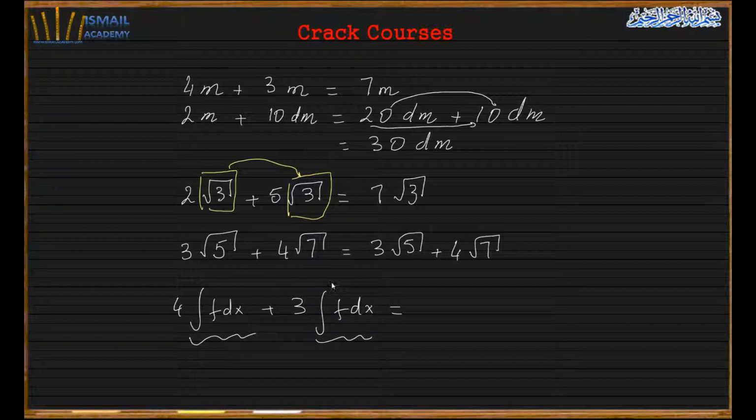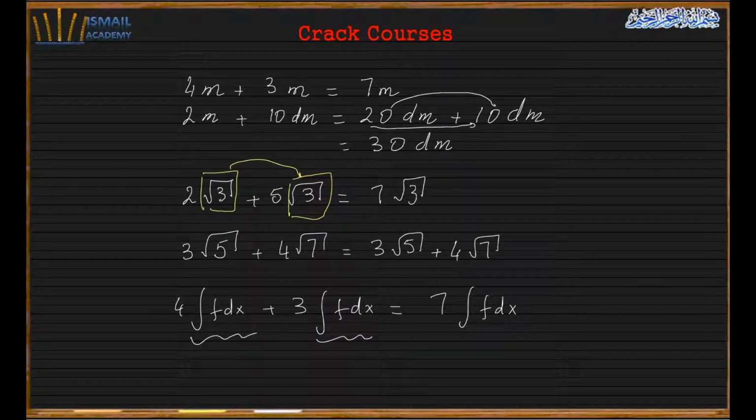Those things are similar, so I can add their value. Do I need to know what this is? No, I don't need to know. If you know, it's better, but I'm just doing addition. So the definition is clear: combine similar quantity. If they're similar, I combine them. If they're not similar, I leave them as they are.